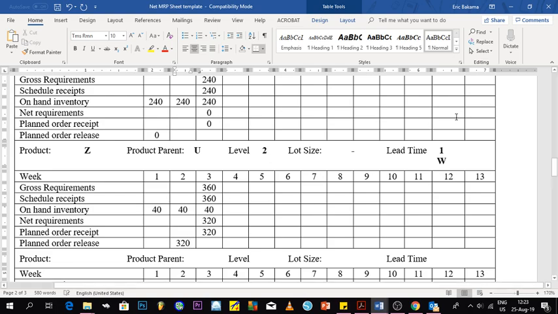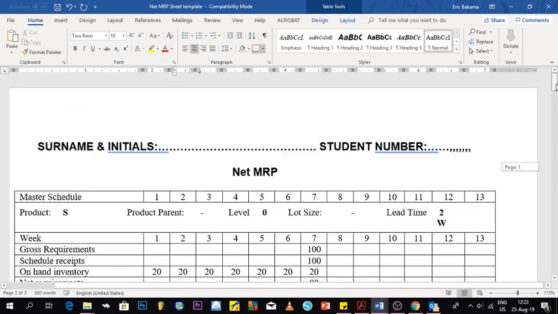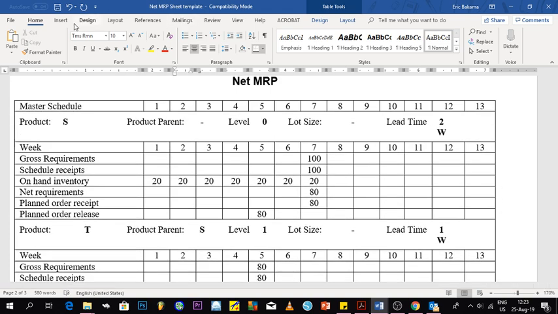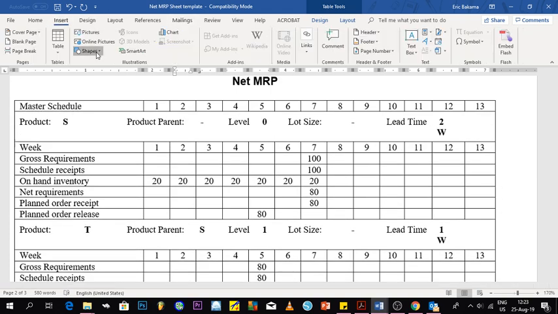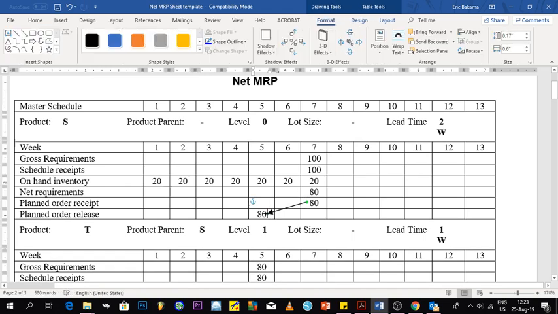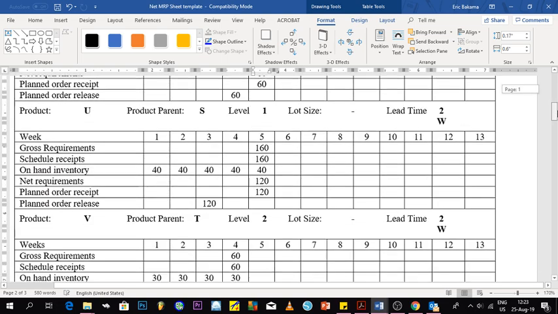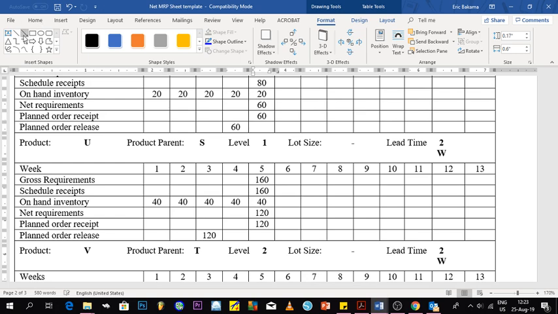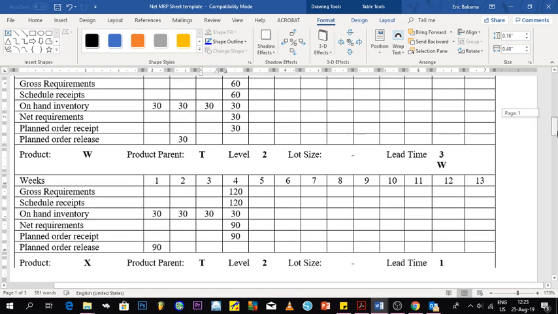I think we're done. One last thing is adding arrows here. Every time that you're working this kind of exercise, you always have to add an arrow to show that the number has moved from week 7 to week 5. Same thing we do for this other item. It's an important thing whenever you're working. Make sure that you always show your arrows. Whenever we are moving the component, it means that we're moving from week 5 to week 3.